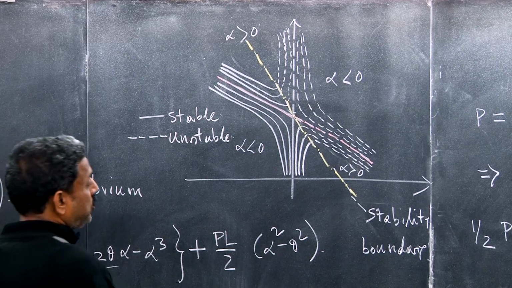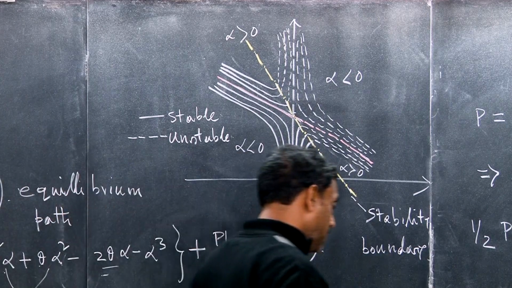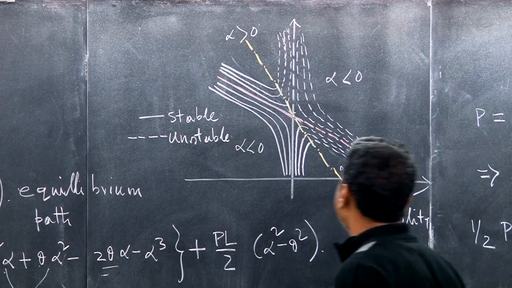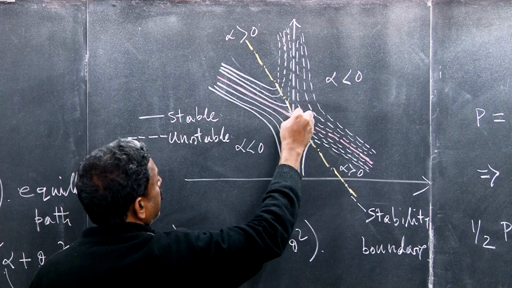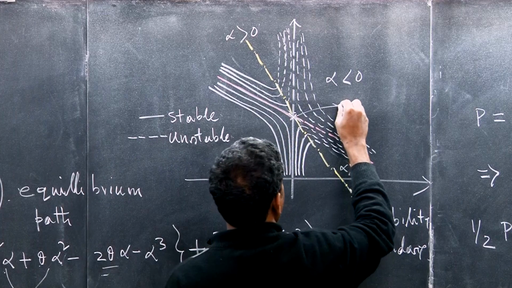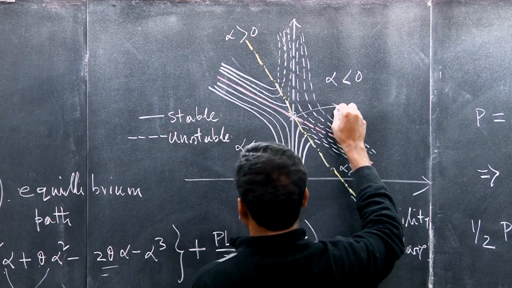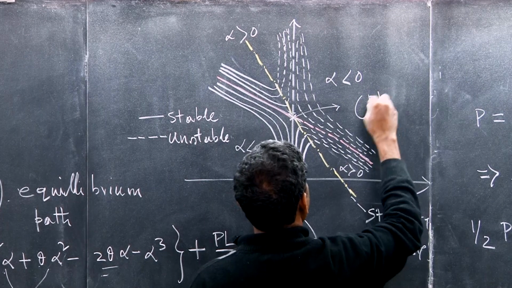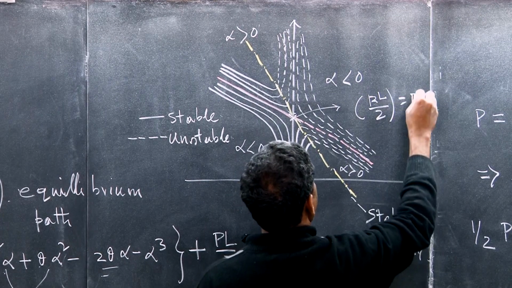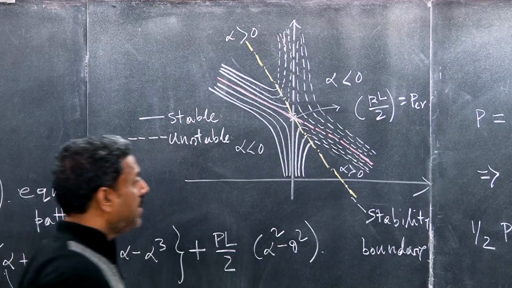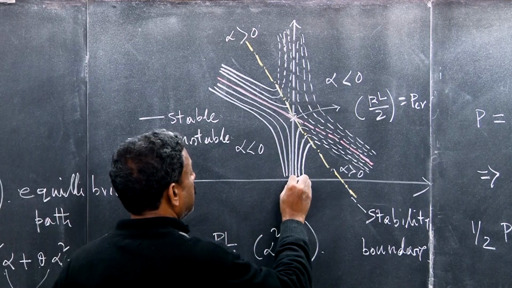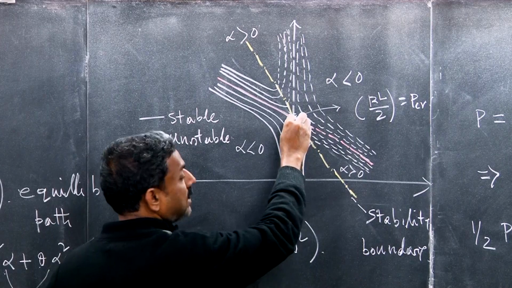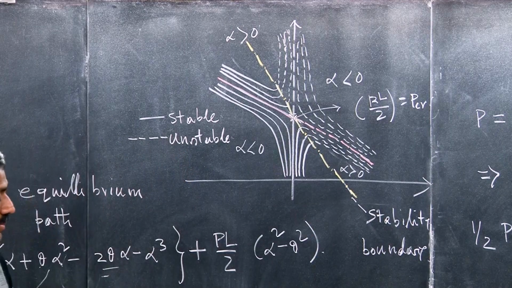You see that this value corresponds to KL by 2, which is critical, that is basically P critical. So, do you understand the bifurcation? Once again, this stable fundamental path is going, please draw it and then I am going to explain to you.